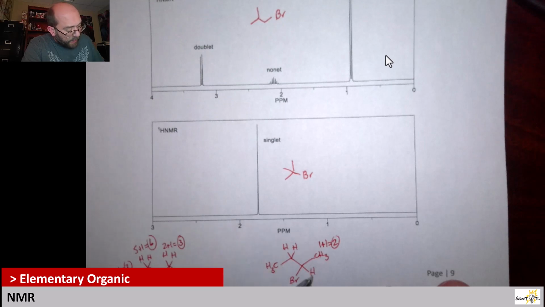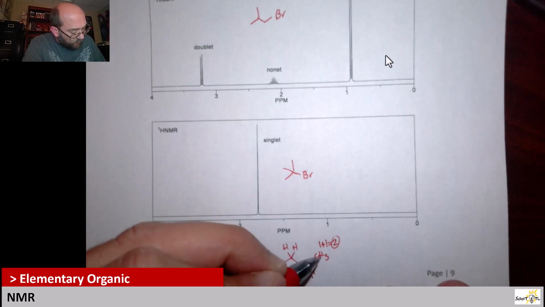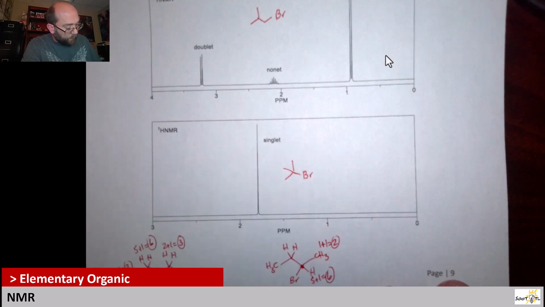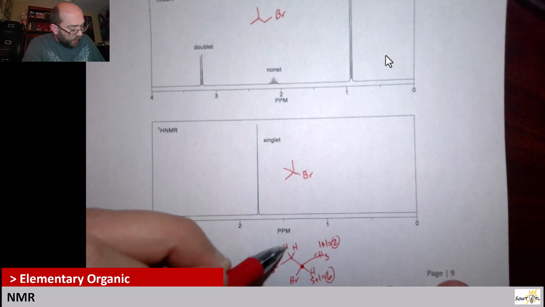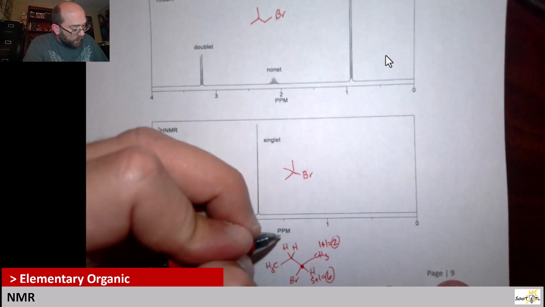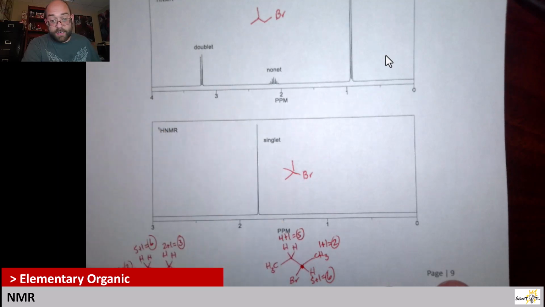All right, so this hydrogen lives in this house, has 3 neighbors over here and 2 over there, so it's got a 5 plus 1 or a 6. These two hydrogens have a neighbor here, 1 on this side, 3 on that side, so that would be a 4 plus 1 or a quintet. So both of these have a quintet and a sextet.